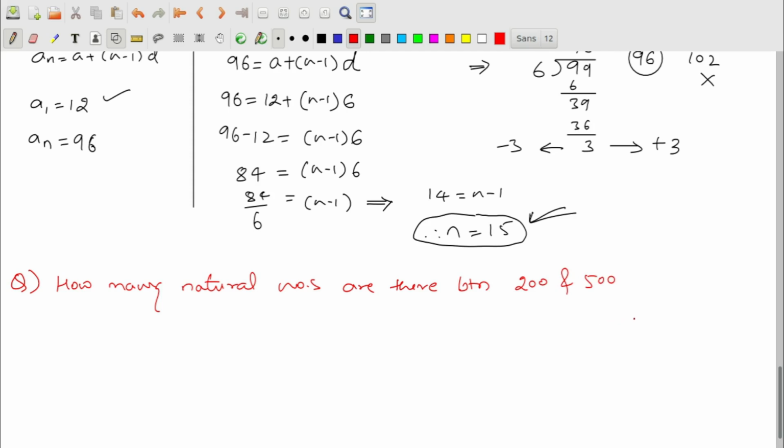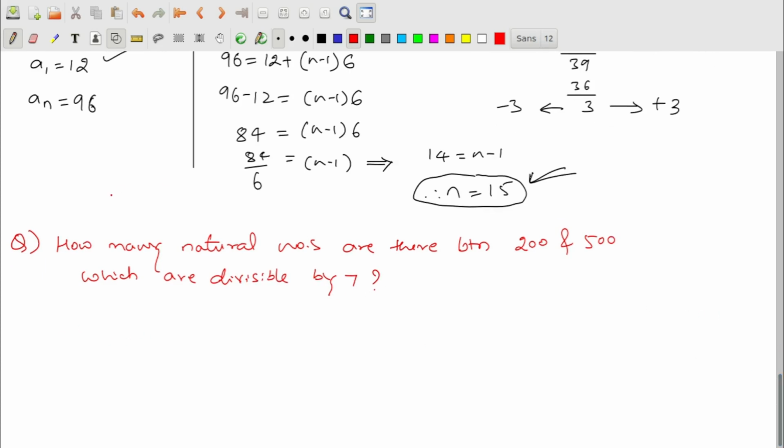So this is the first condition, but the second condition given is which are divisible by 7. Again, follow the same steps.